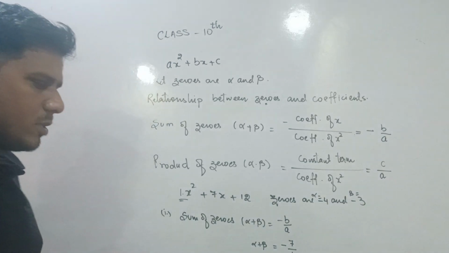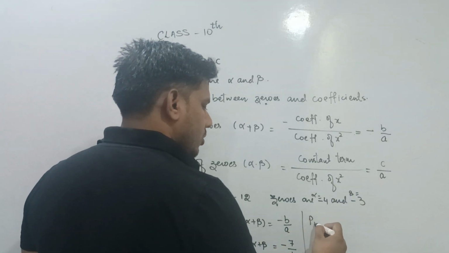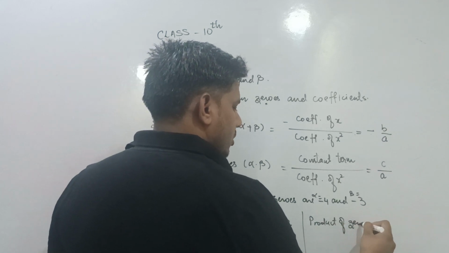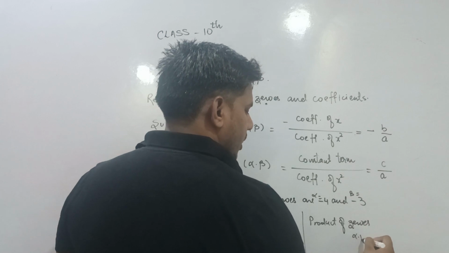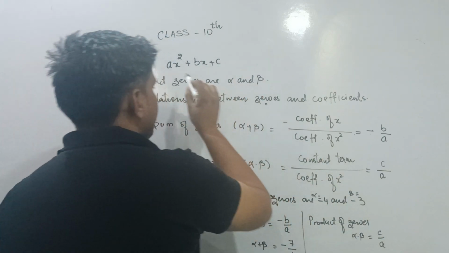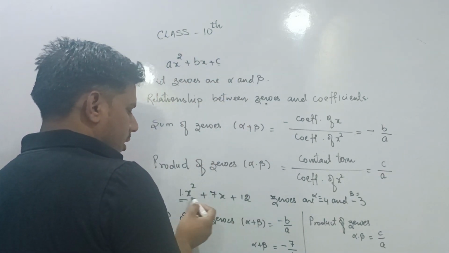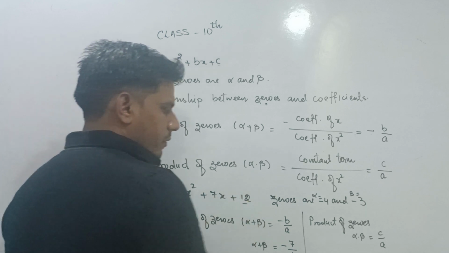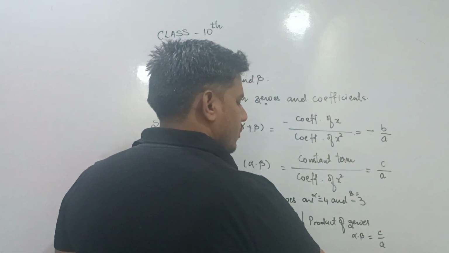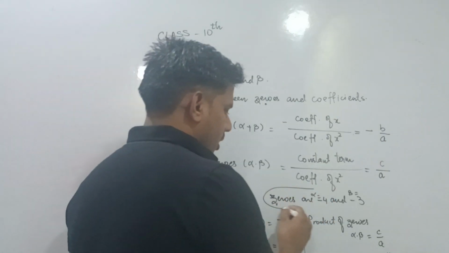So here alpha plus beta is minus 7. And now if we want to find the product of zeros, alpha into beta, that is c upon a. C means constant term, and in this quadratic polynomial the constant term is 12, and the value of a is 1, so product of zeros is 12. You also can check from here.